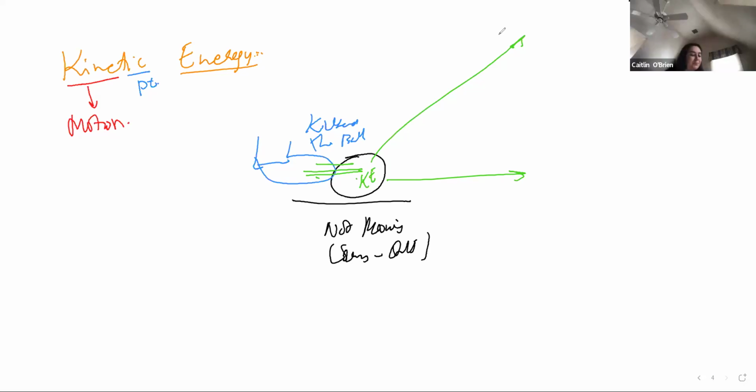So the word kinetic energy, or the word kinetic itself, is pretty much self-explanatory. It's the energy responsible for the movement of any object. Anything that you see moving is because it has kinetic energy.